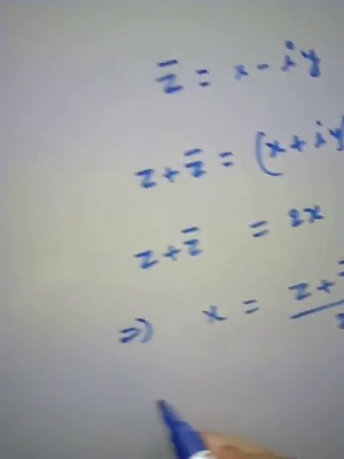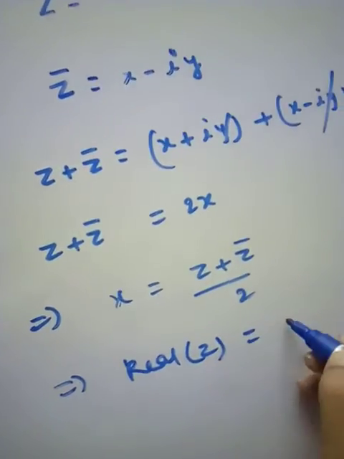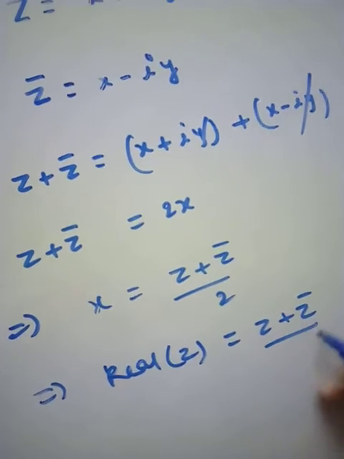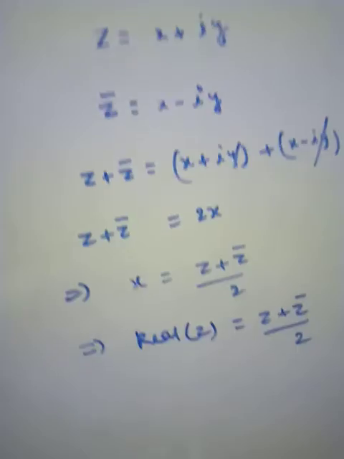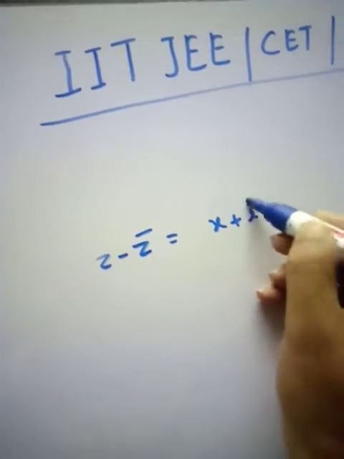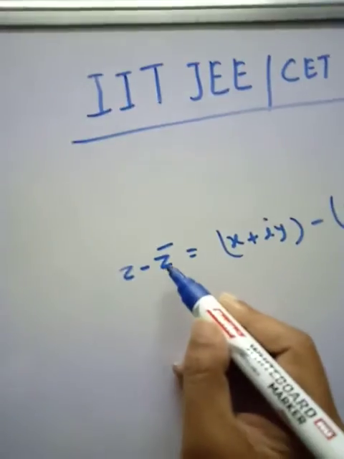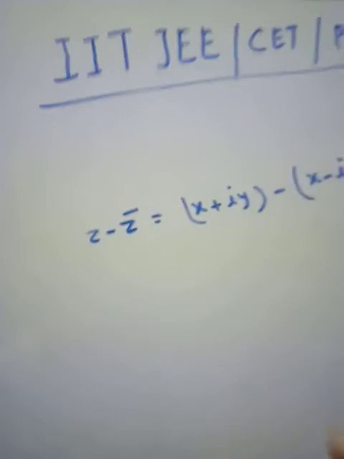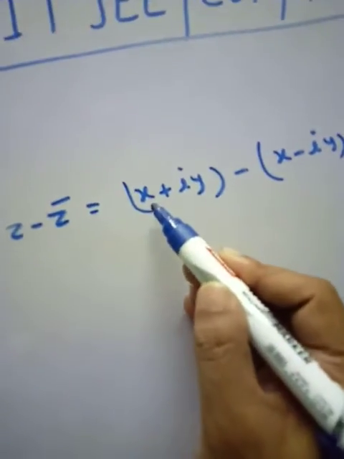What is x? x is the real part. So real z equals z plus z conjugate divided by 2. One formula we got. Similarly, what is z minus z conjugate? It will be x plus iy minus x minus iy, because we have taken the conjugate, which means we change the sign between the real part and the imaginary part.